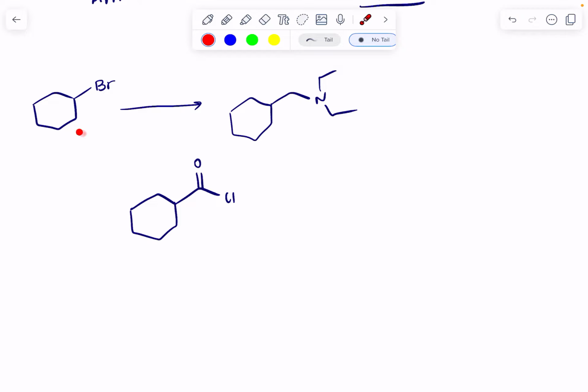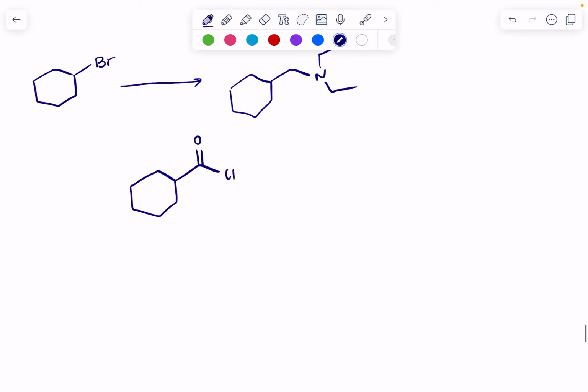So I need to make this from that. And we learned that you can add carbons to a molecule using Grignard reagents. So if we have a bromine, we could, in theory, add magnesium to form this molecule, a Grignard reagent.